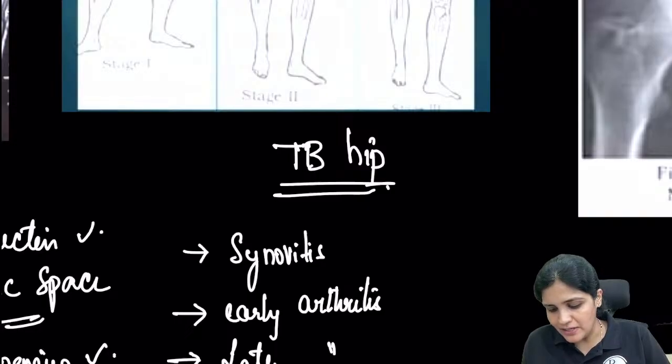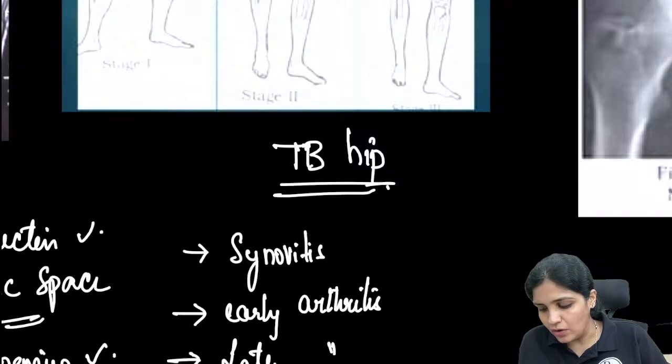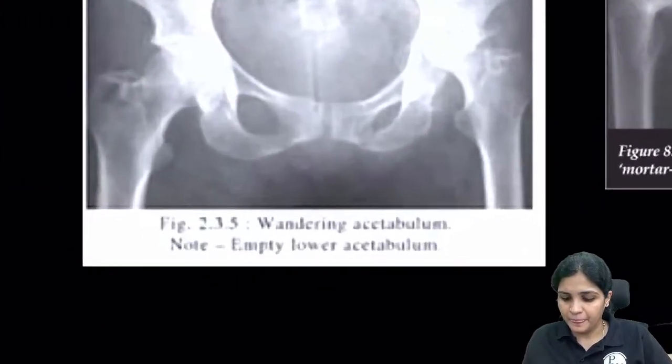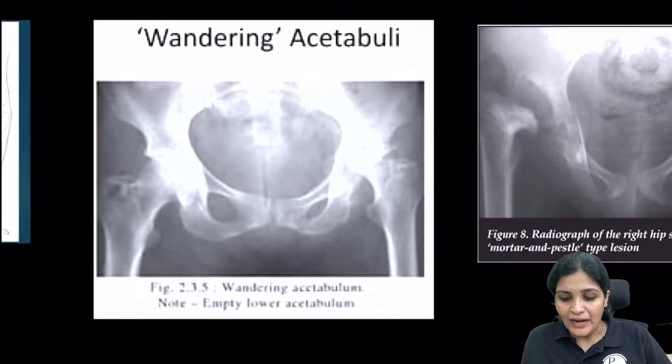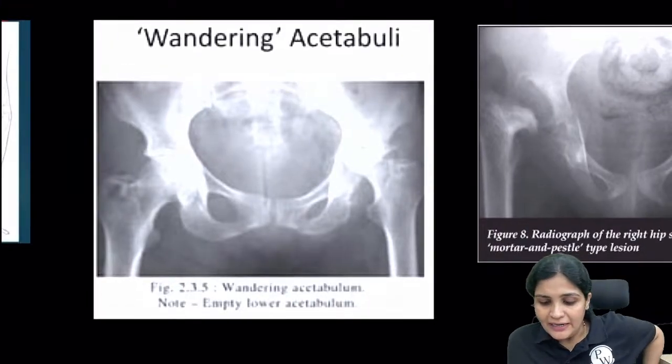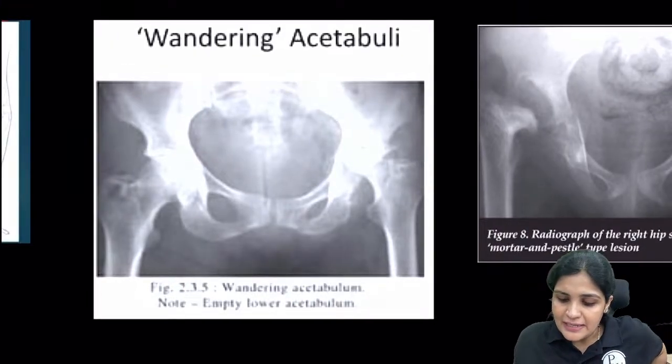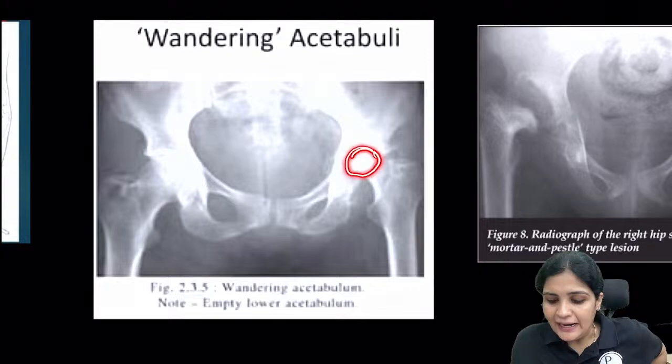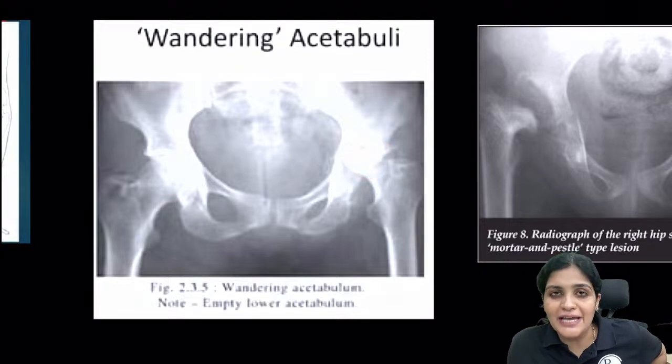What do you mean by advanced arthritis? Where you will see subluxation or dislocation, right? So what is this? This is called the wandering acetabulum. There is a complete destruction of the head, and the head occupies one portion of the acetabulum. That is called the wandering acetabulum.